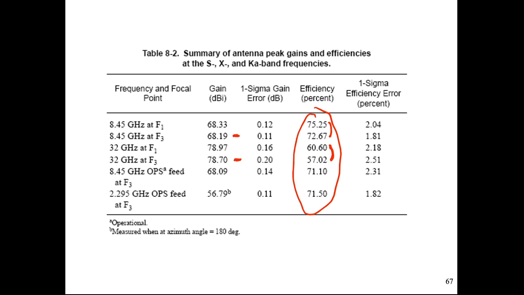What happened is that, if I remember well, it was a prime focus or a Cassegrain mount, not a beam waveguide. But the outcome was that the feed melted. They destroyed the feed because it increased in temperature so much that it melted.